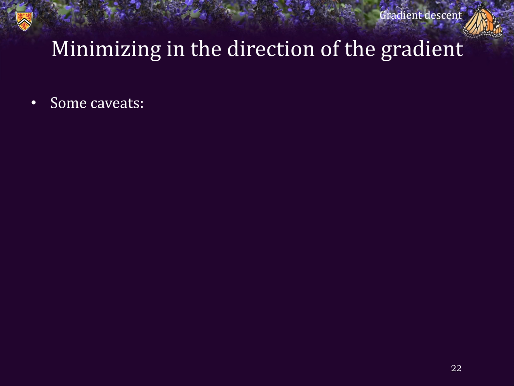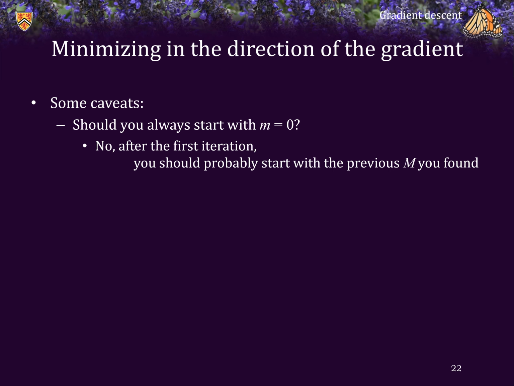Now, some caveats to this algorithm. First of all, should you always start with m equal to 0? That is, should you always start with the current point plus or minus the normalized gradient? And the answer is actually no. In general, after the first iteration, you should probably start with the previous m you found for subsequent iterations.